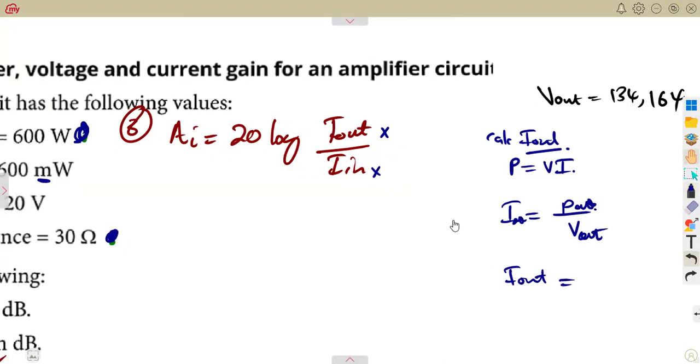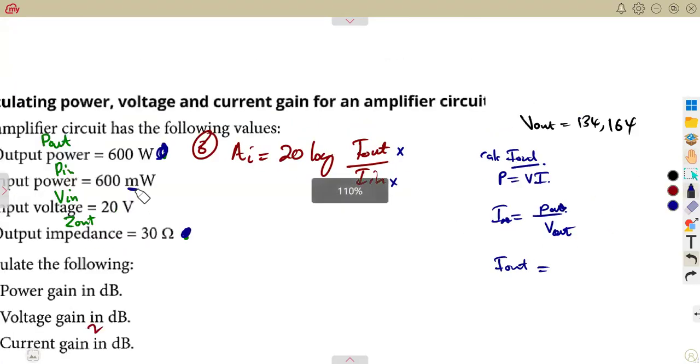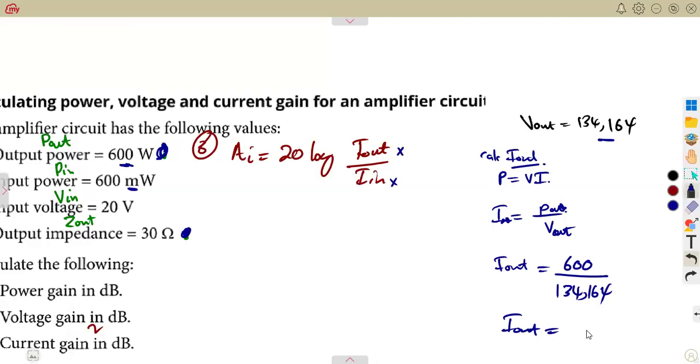Our output power P out is 600, so we've got 600 over V out, which is the 134.164 that we calculated. This gives us the output current, which was 4.472 amps.